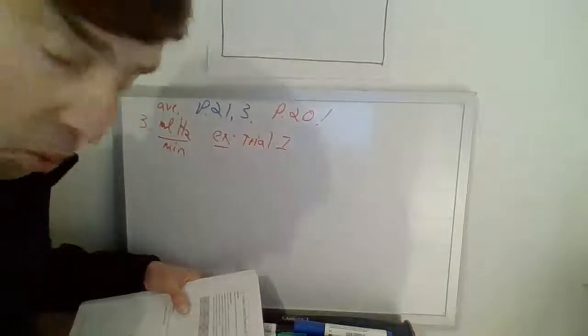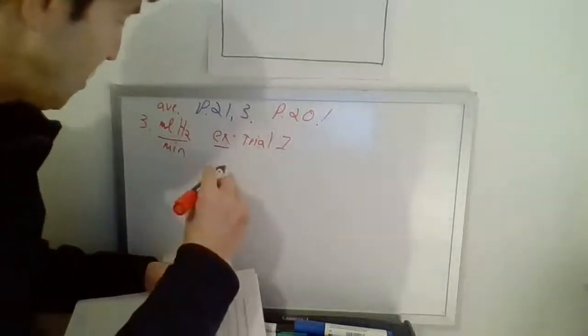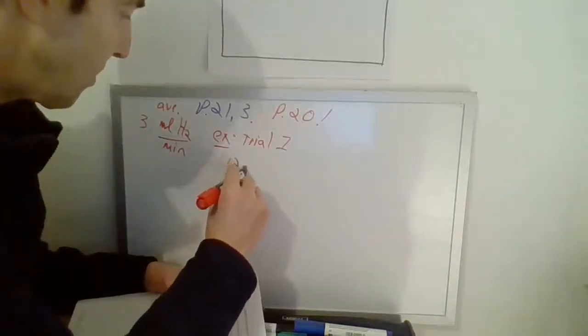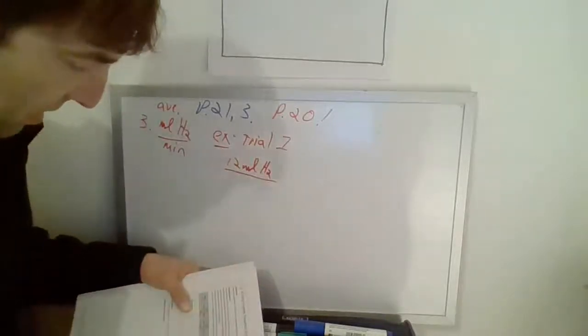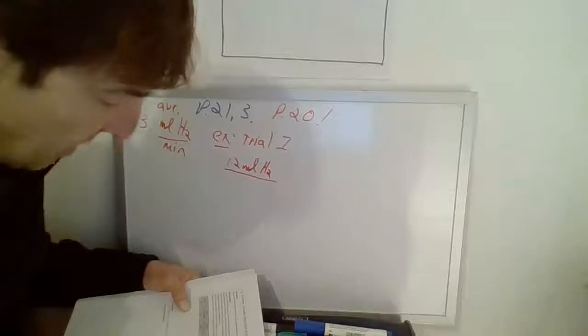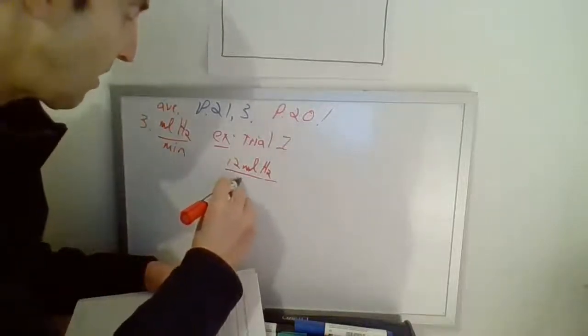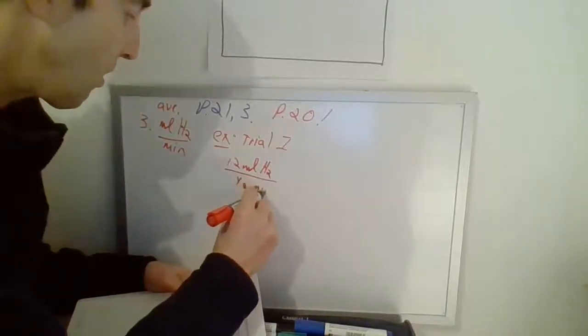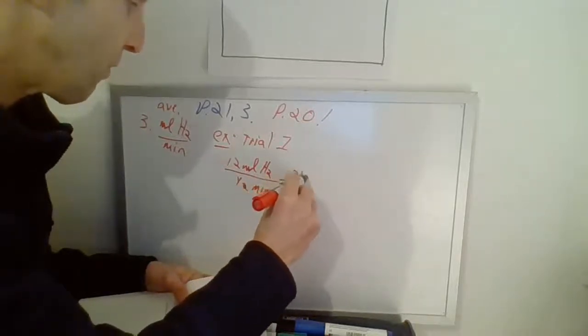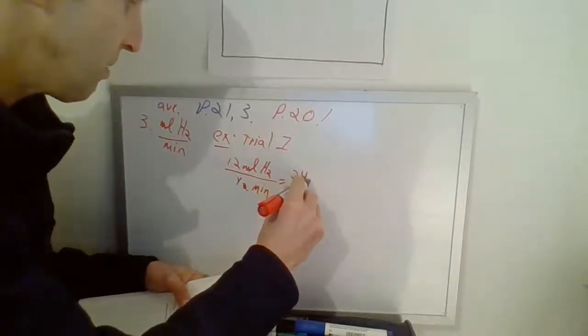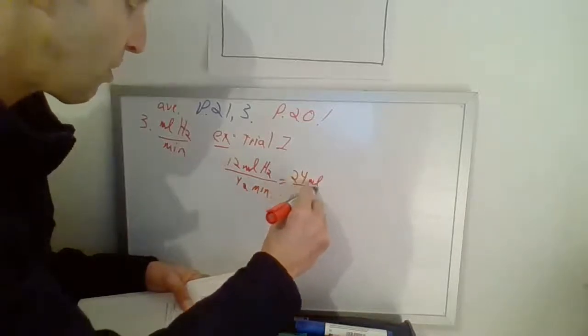So I'm looking at trial one. I got 12 milliliters of H2 divided by 30 seconds, half a minute. That divided by half would be 24, right? So 24 milliliters per minute.